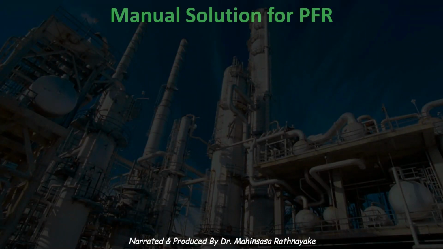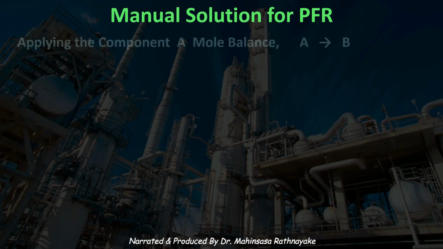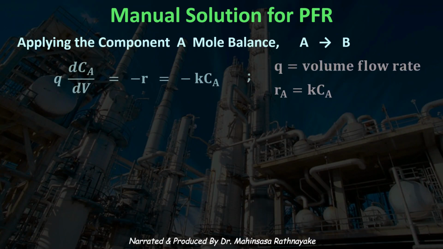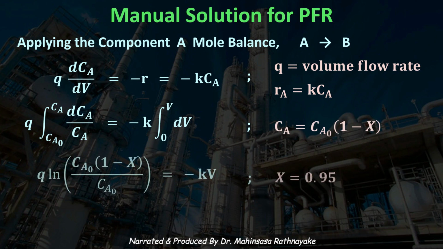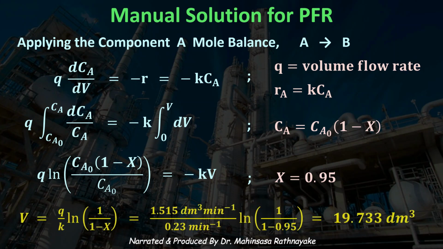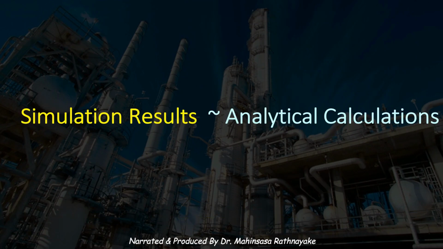When we consider the analytical solution for PFR using manual calculations, at 0.95 conversion, volume of PFR is nearly 19.732 liters. So that we can conclude simulation results are almost equal to calculation results.